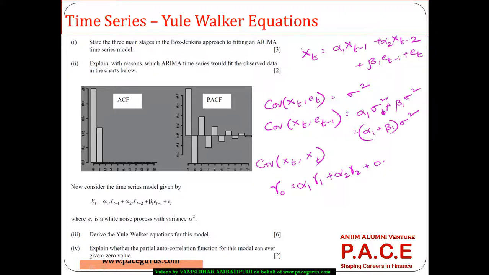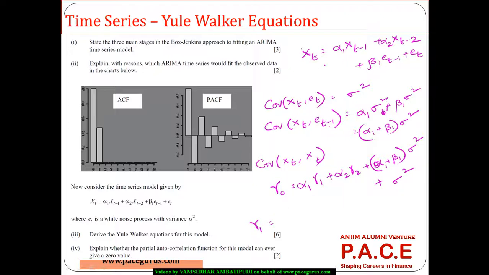For x_t and e_{t-1}, we have already got it as (alpha 1 plus beta 1) times sigma squared, and the covariance between x_t and e_t I have got as sigma squared. That is gamma 0.